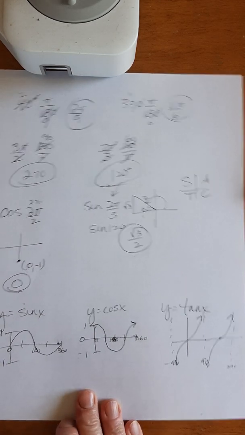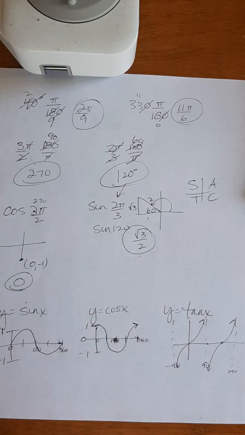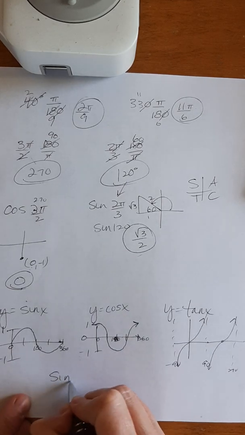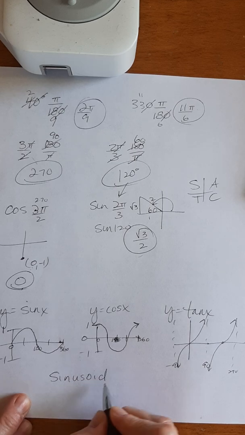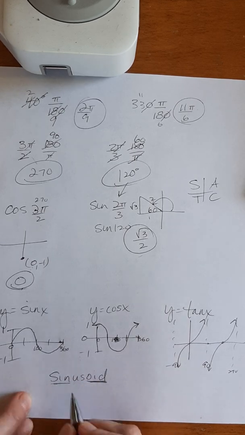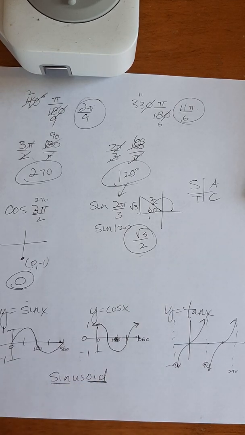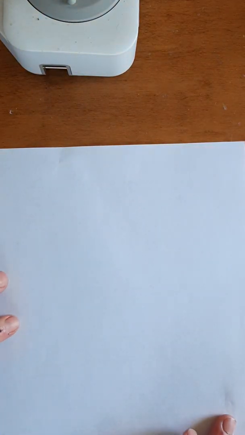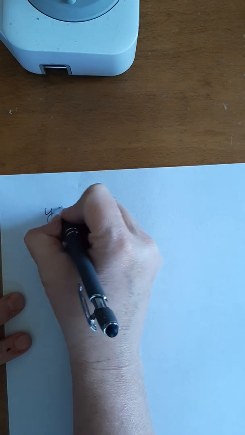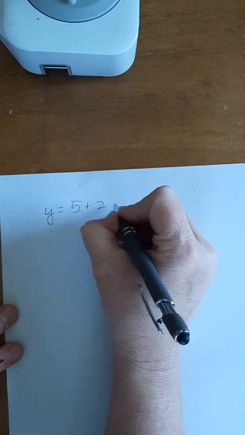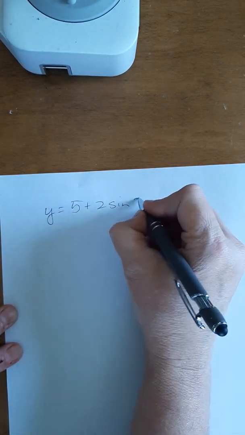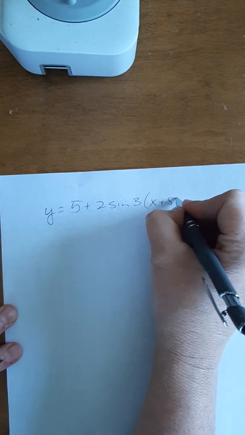Let's say, however, they wanted to do a sinusoid, which is like a sine curve. You can have, I'll put everything on there because sometimes it's easier to see if there's everything.